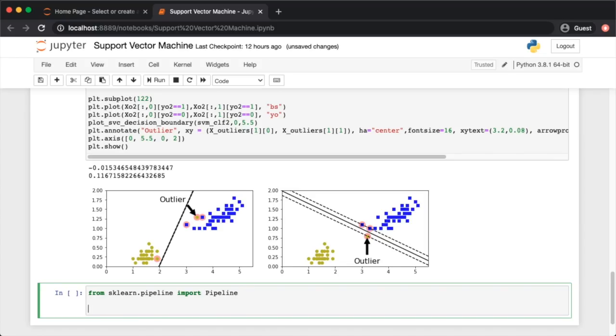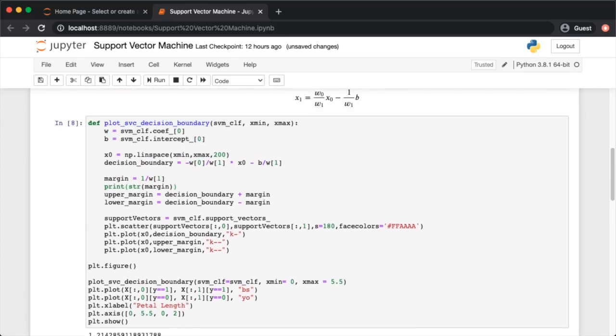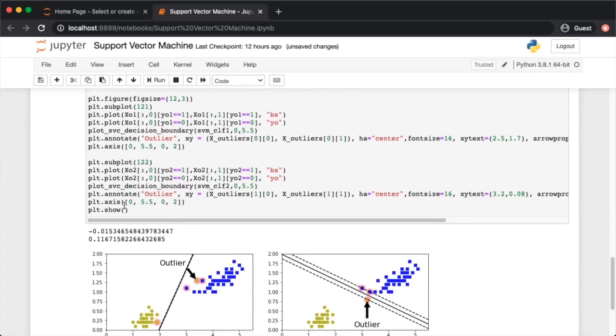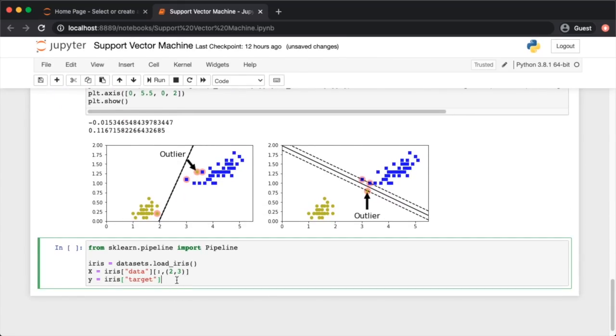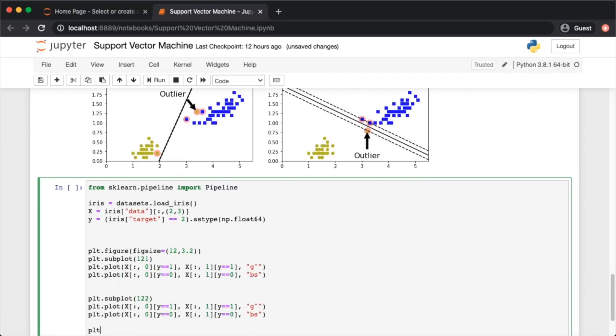So I have my iris up here. I'll copy paste this code right here, but this time I'm going to take the iris that is 2 as one class and 1 and 0 as another class. And I'll use as type np float. So I'll copy paste the code that I had previously.